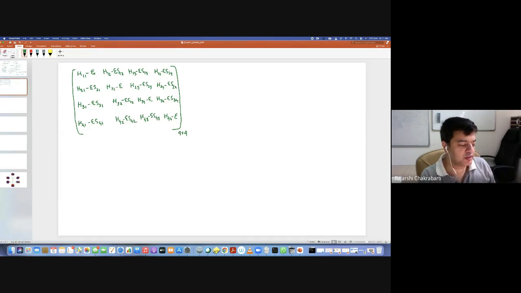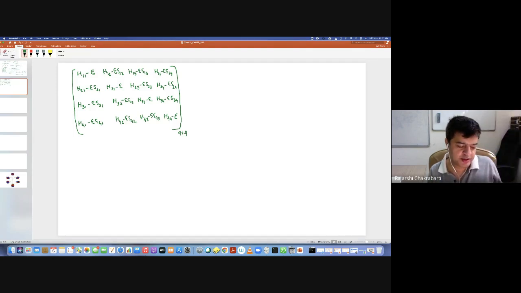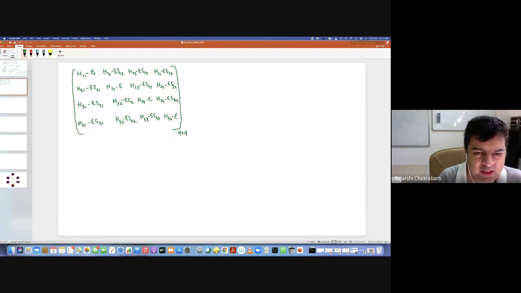So this is the matrix. You have a determinant for this matrix, and that determinant is called the secular determinant. I might not have used the term earlier, but that is called the secular determinant. Now you have this c1, c2, c3, c4.